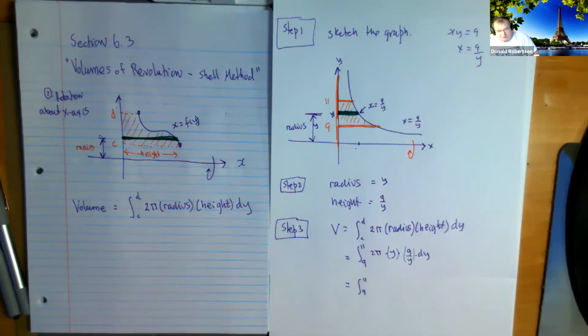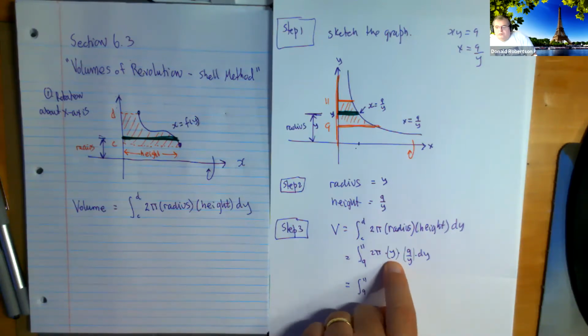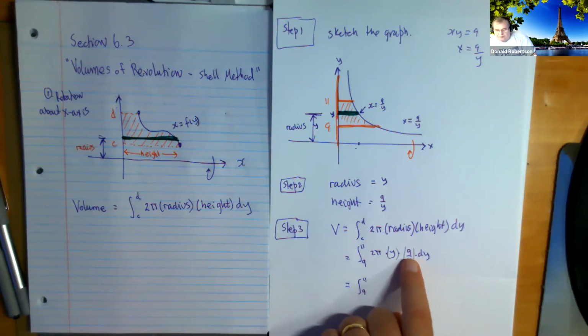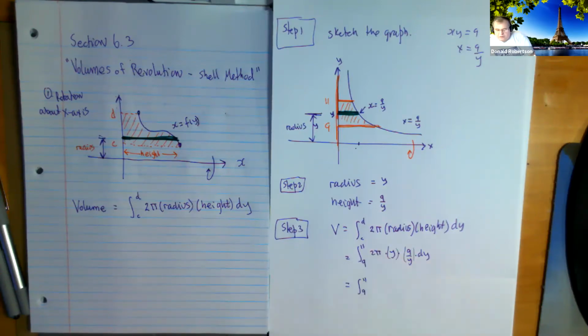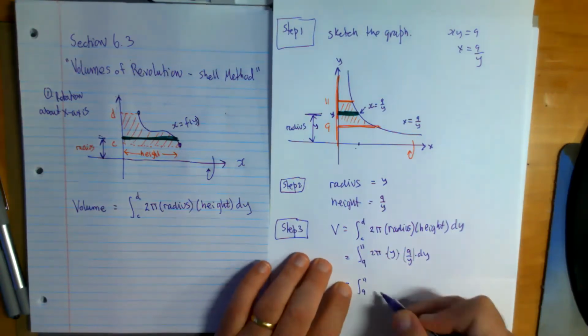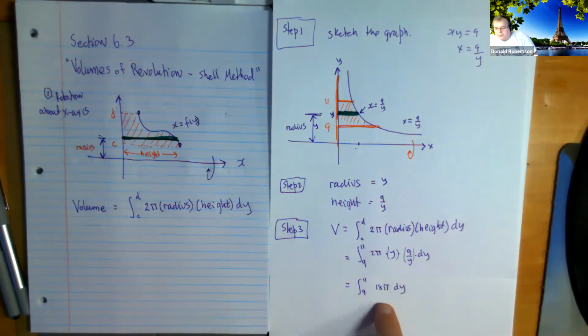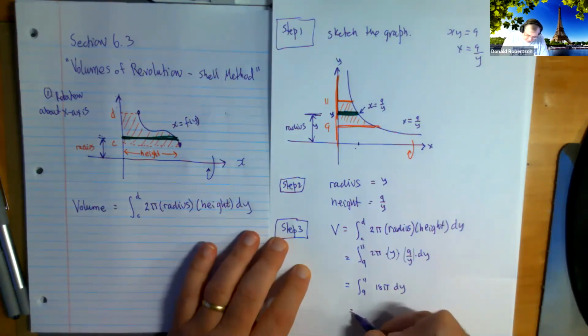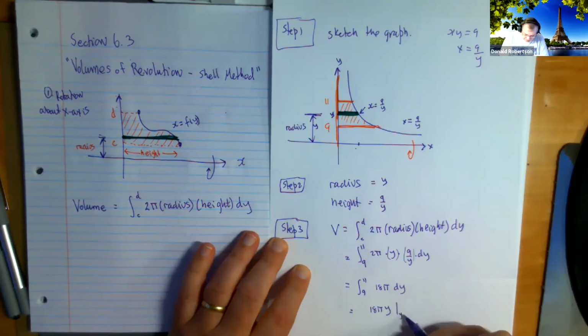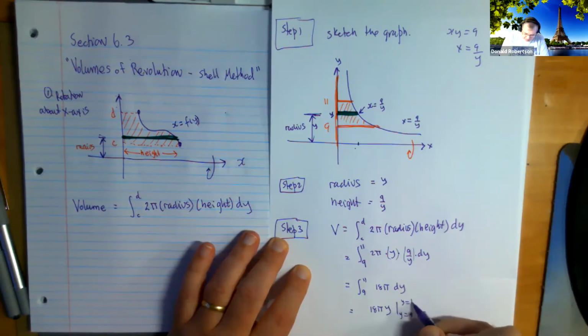Oh, this will not happen very often, but here's something really unique. Do you see any simplification in this calculation? The y's cross out. Do not expect every question to end up as nice as this one. But do you see you get 18 pi? Well, you want to finish that off? 18 pi gets you 18 pi y, from y equals 9 to y equals 11. Since I'm running short of room, 36 pi.